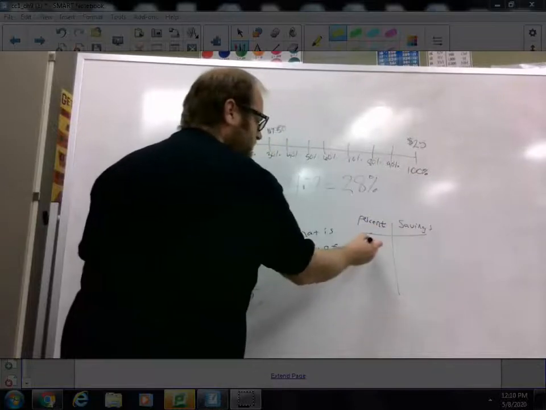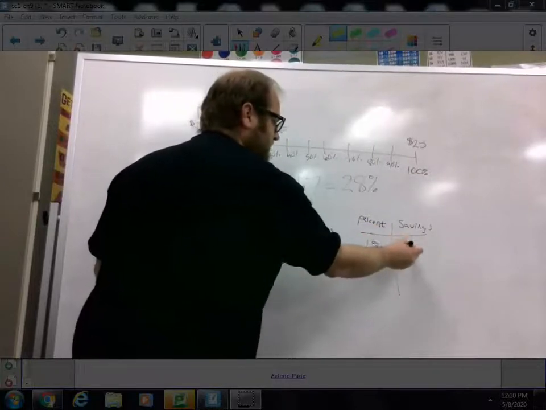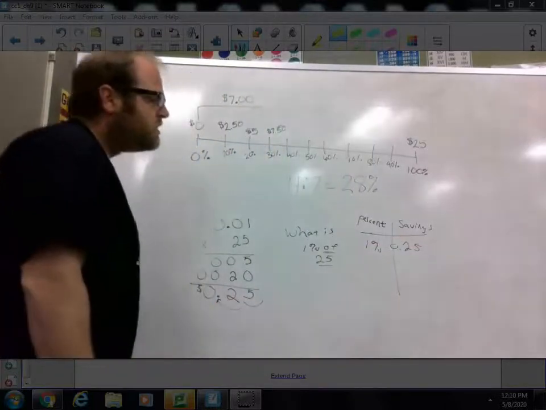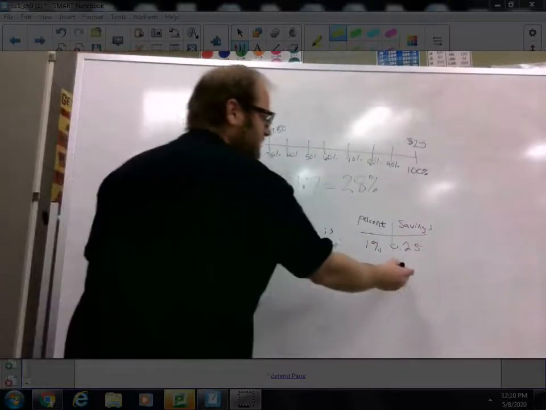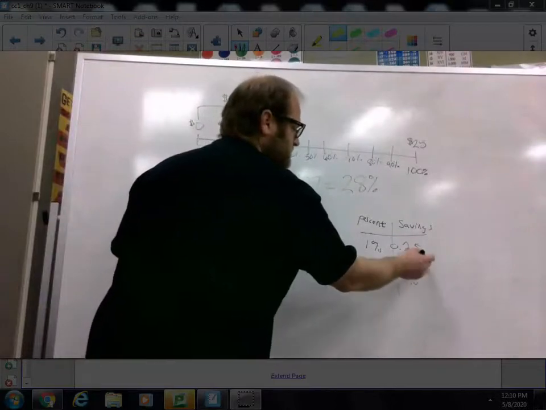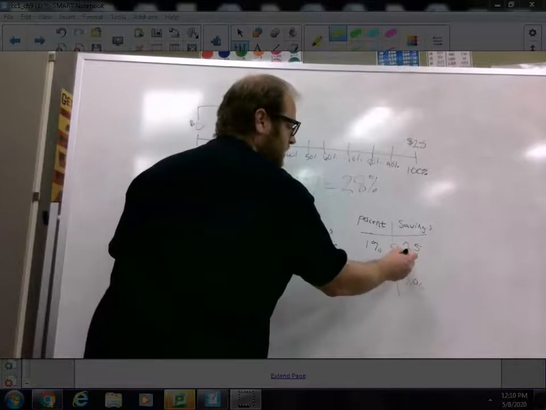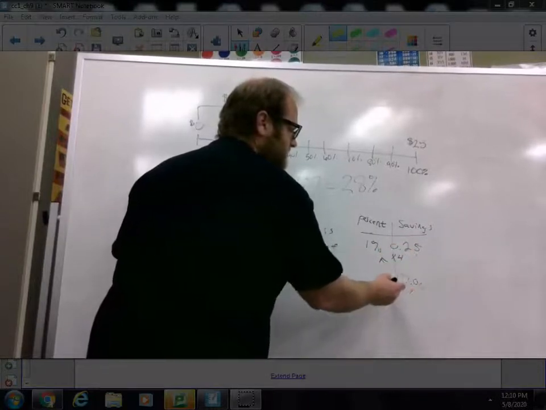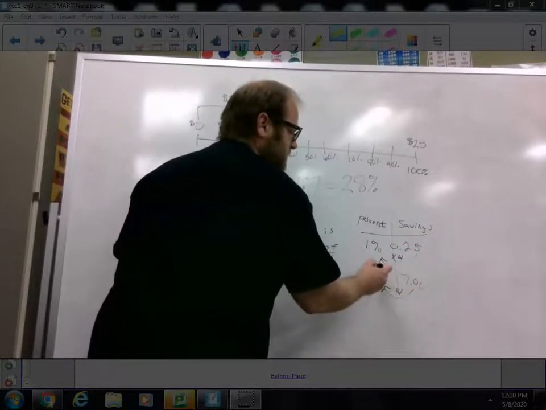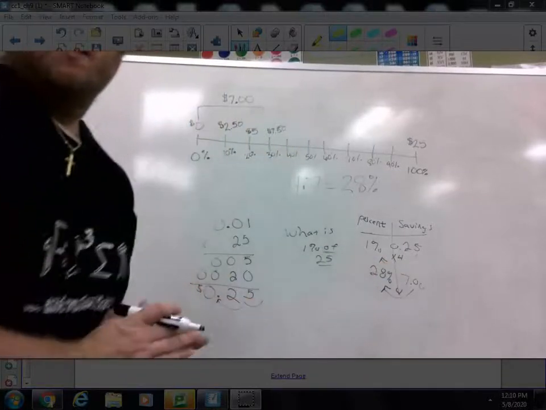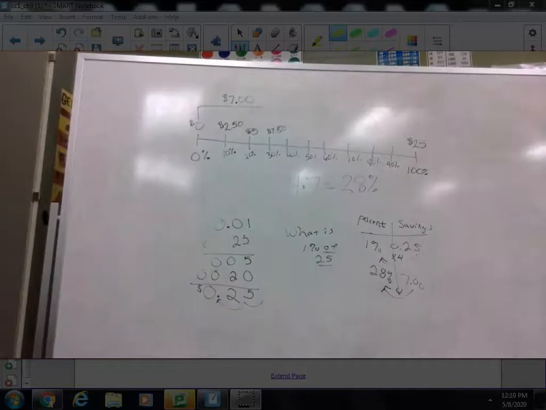So if we know that 1% is 25 cents, and we want to know how much $7 is, we need to know what the rule is. So this is multiplying by 4 to get 1 whole. If we multiply this by 4, we're going to get 28%. So just another strategy for you to use.